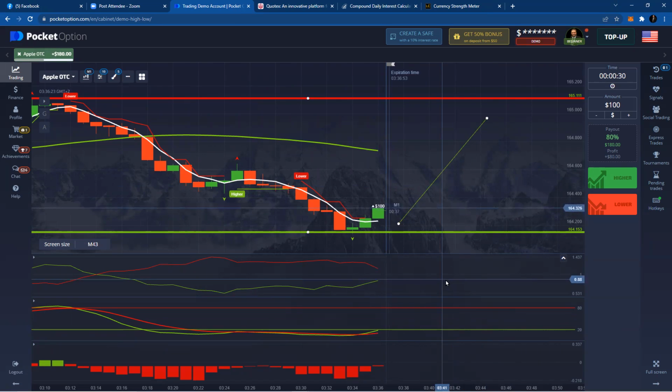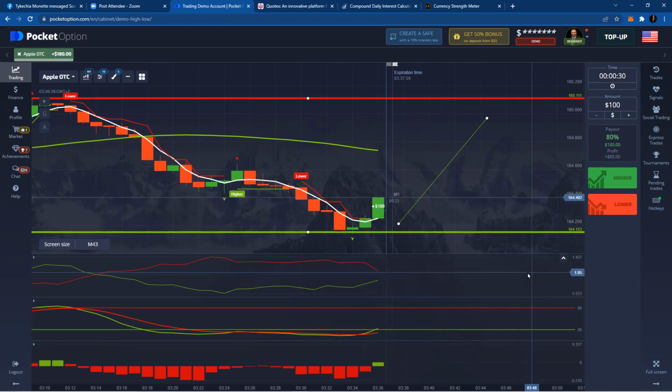There he goes. Come on. See over here, the green is staying on top. The green is coming towards the middle to crisscross with the red on the Bartex. We have green scales over here.